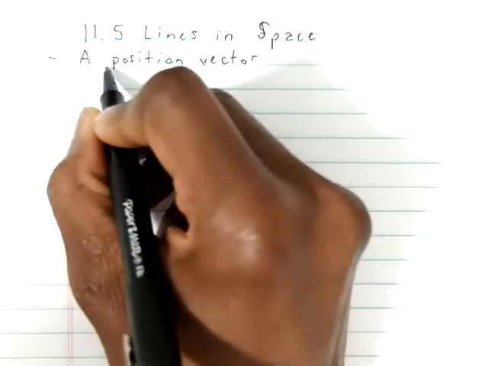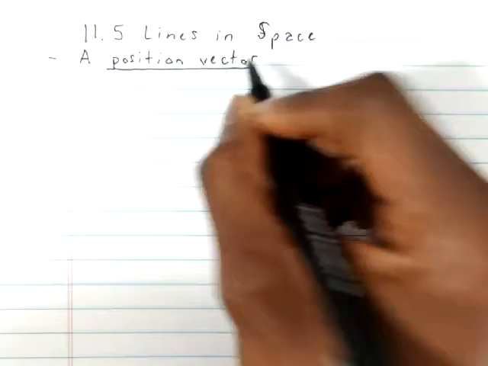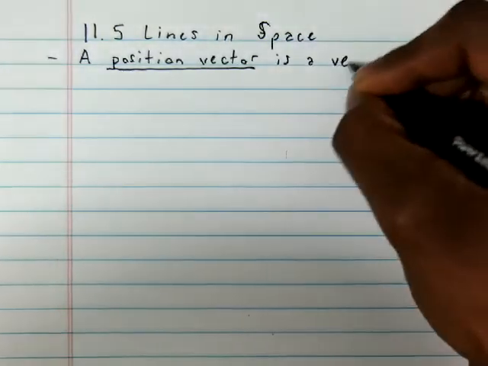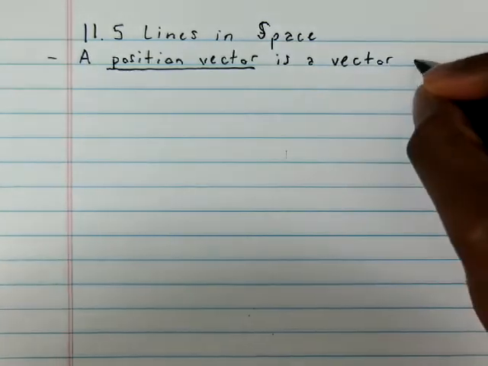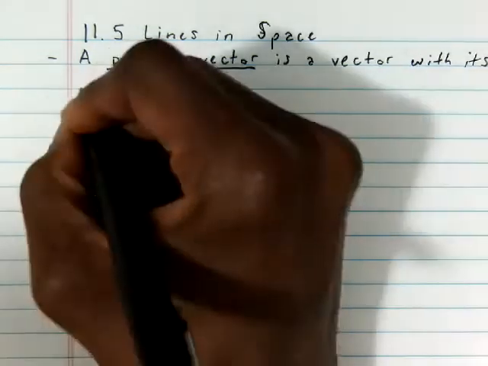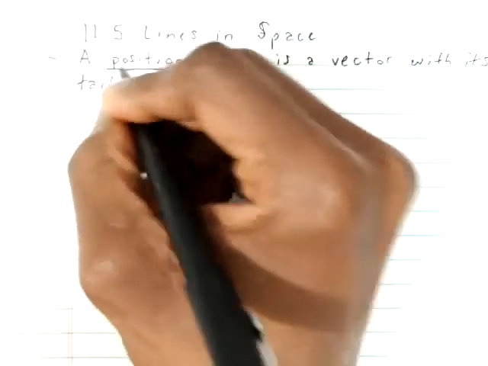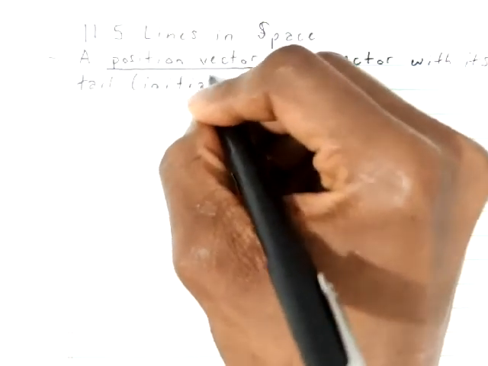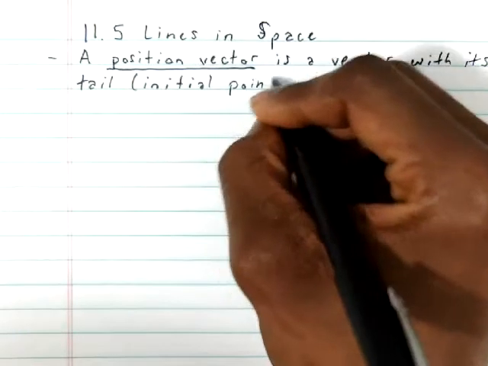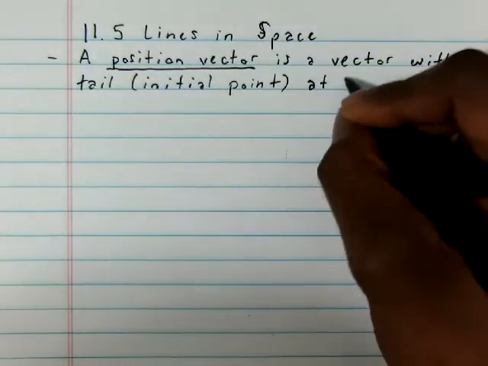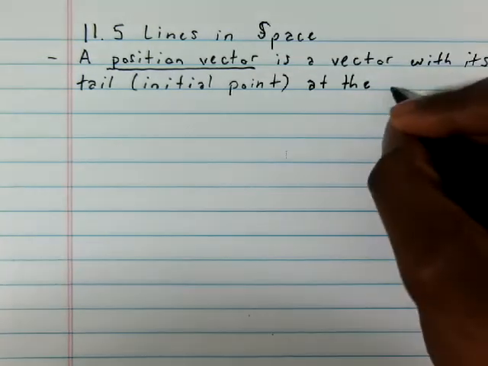So a position vector is a vector with its tail, or initial point, whichever one you want to call it, at the origin.